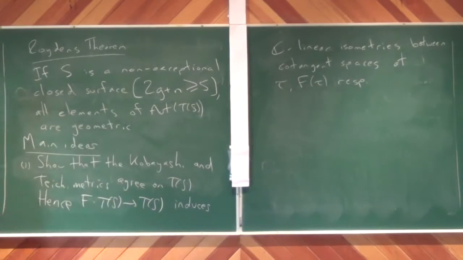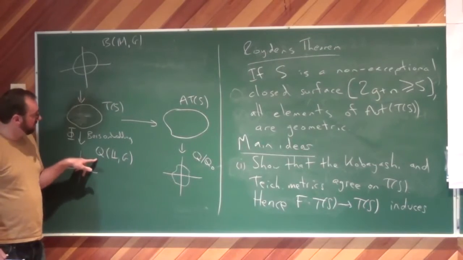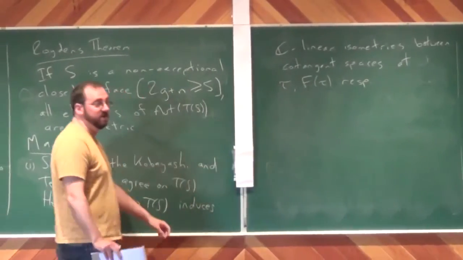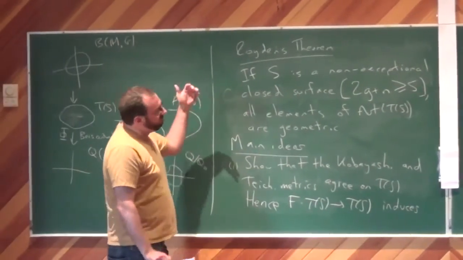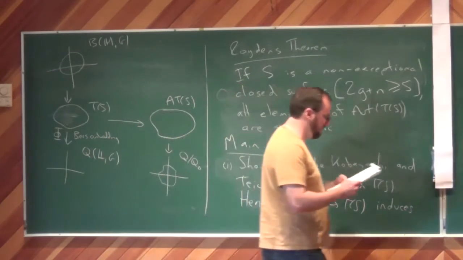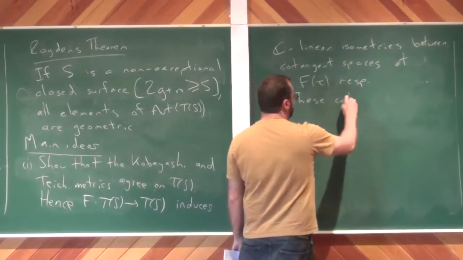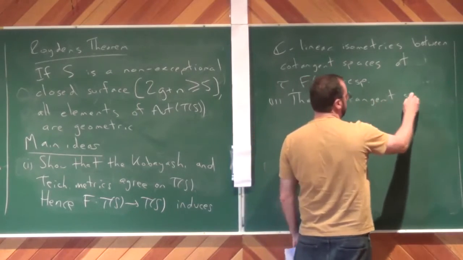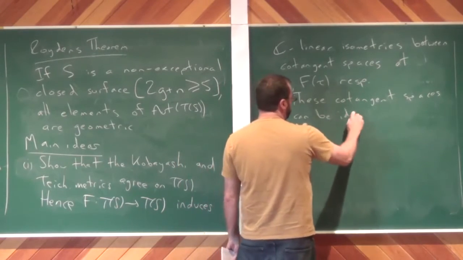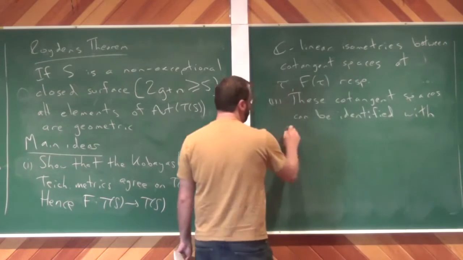So the tangent space, we said, can be identified with these various spaces of quadratic differentials. And the cotangent spaces can be identified with the various Bergman spaces. But for finite type, the cotangent space and the tangent space can be identified, they're the same thing. So these cotangent spaces can be identified with Bergman spaces.